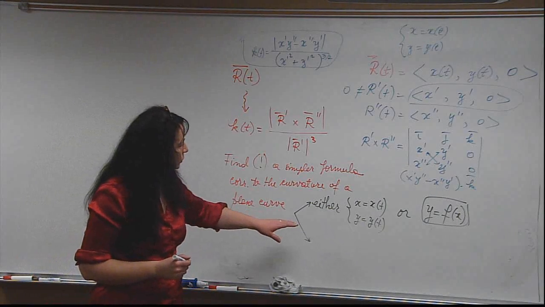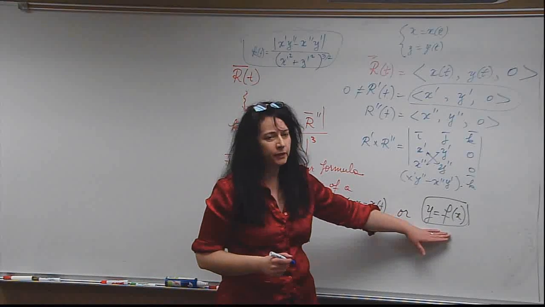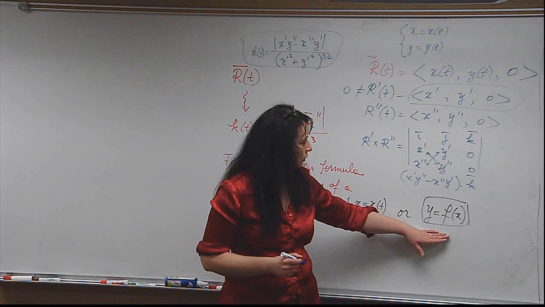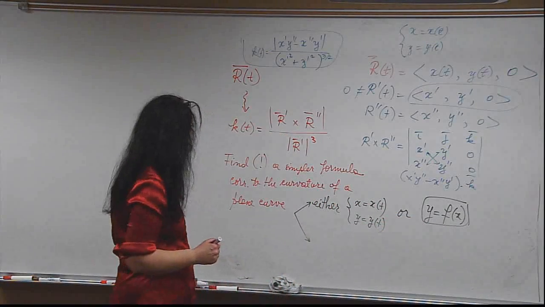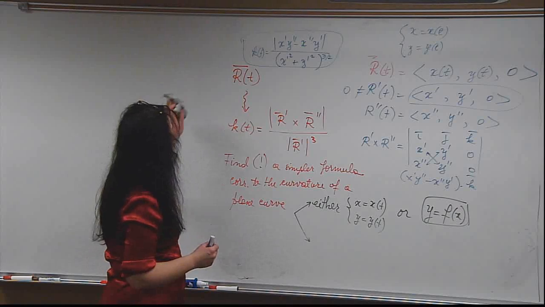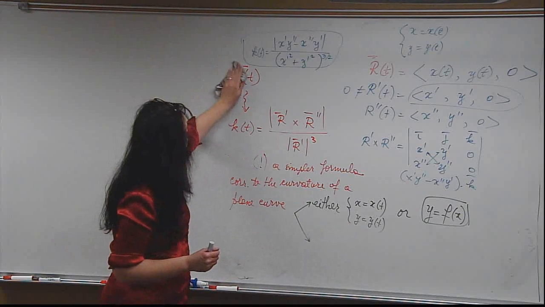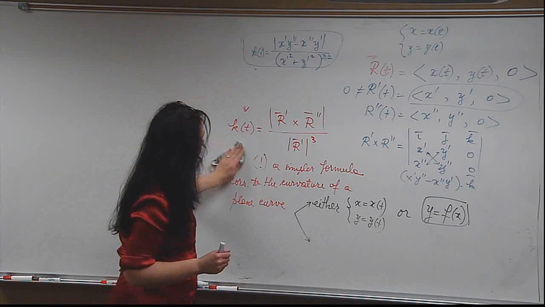But now, what do you have in the happy case, when you have y equals f of x? I'm going to do that in a second. I want to keep this formula on the board.